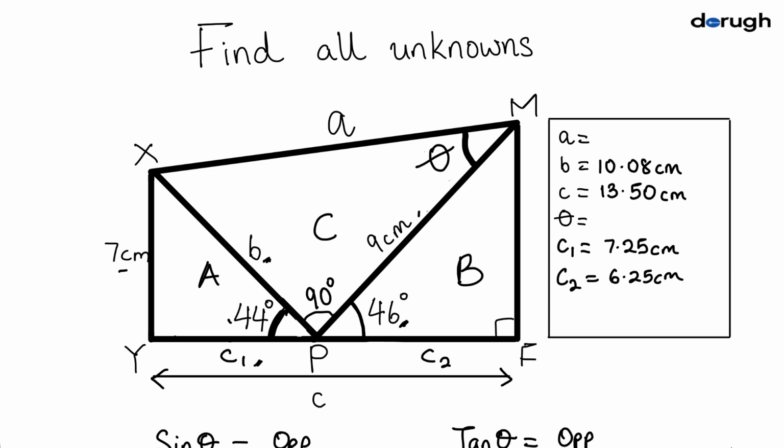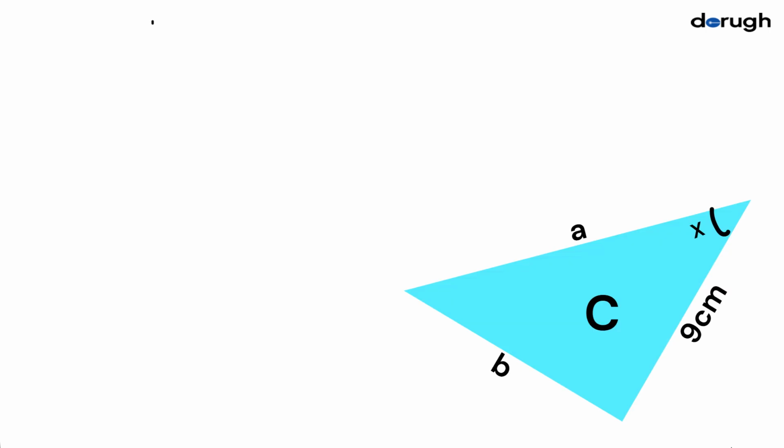We're going to start with A. Remember that we have B as 10.08 centimeters, and we have this other side as 9 centimeters. Because of this, we can use Pythagoras theorem to find our A. How do we do this?